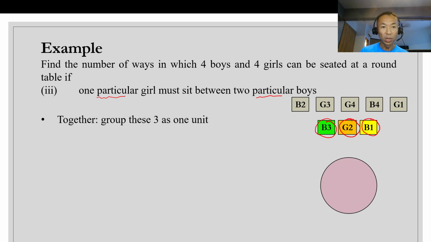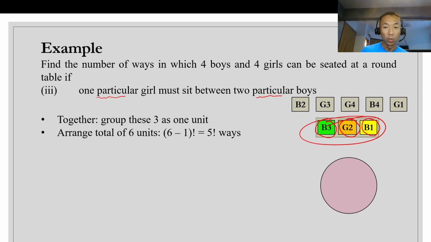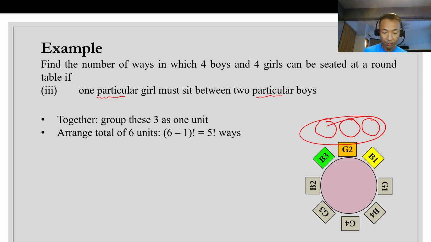The way to do it is to group the 3 as a unit. Then sit this unit together with 5 other units around a table. So you have 6 units. Then minus 1, you have 5 factorial ways of arranging these 6 units around the table.